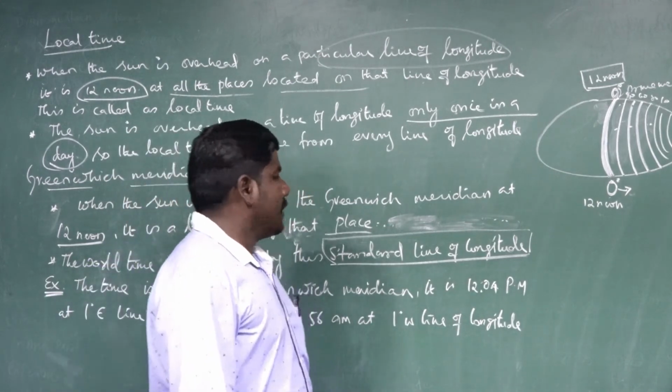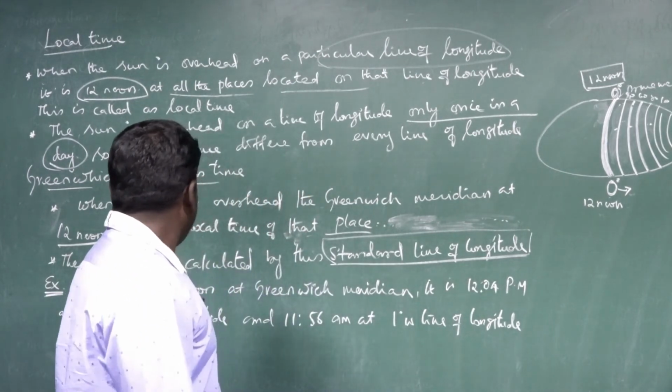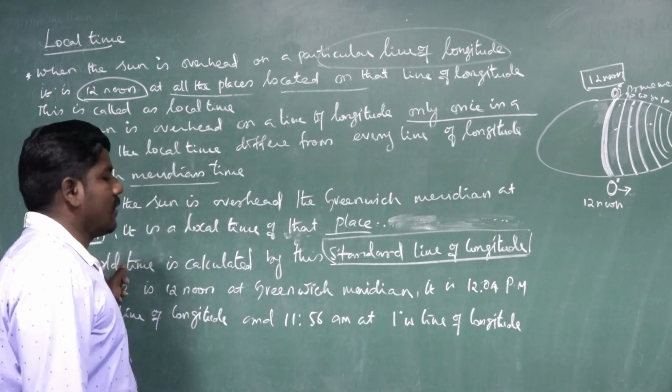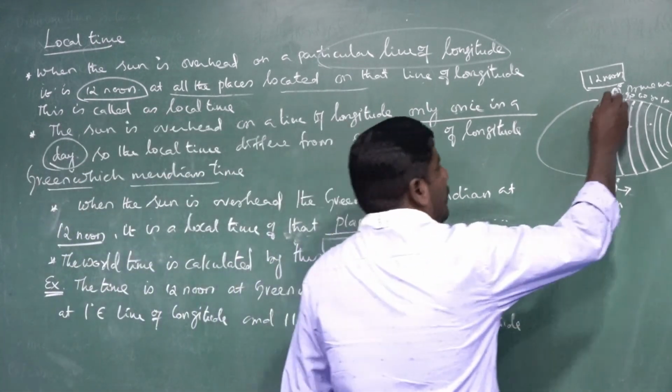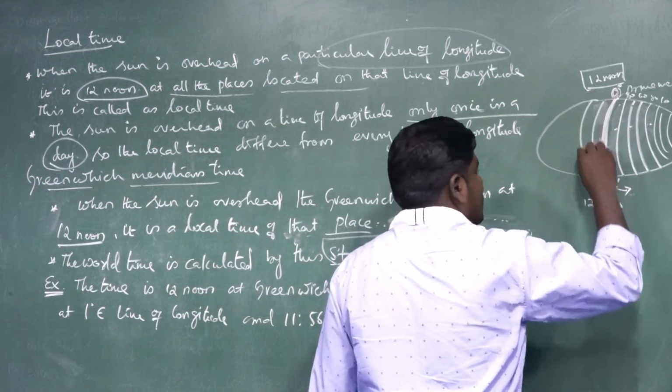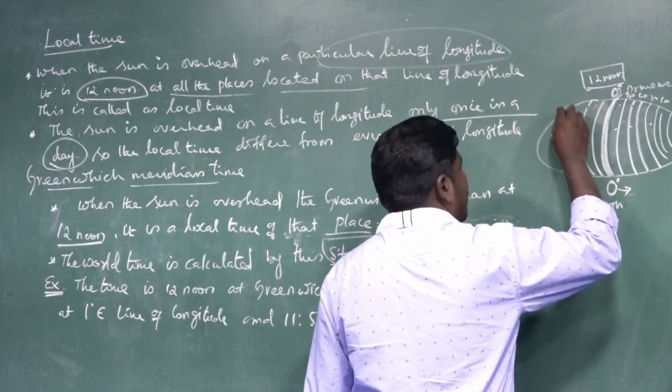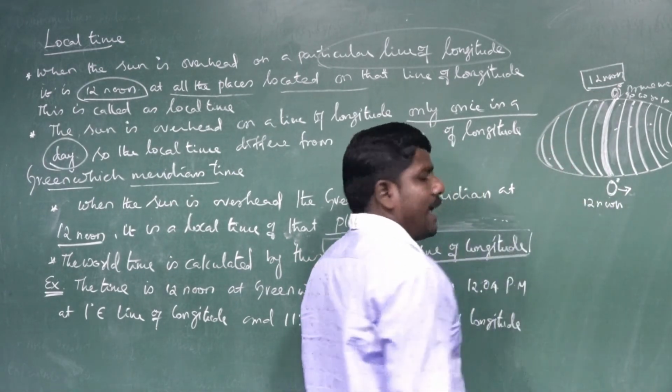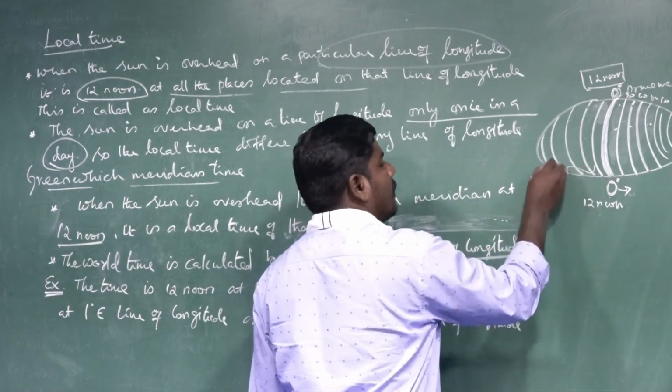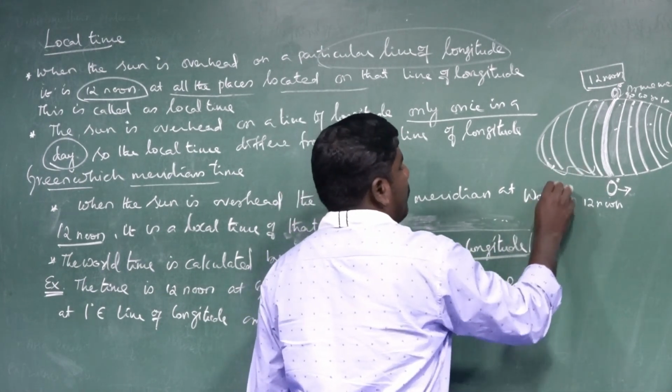Mostly the world time is calculated by standard lines of longitude.